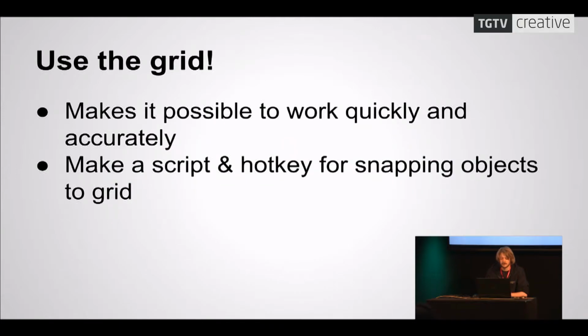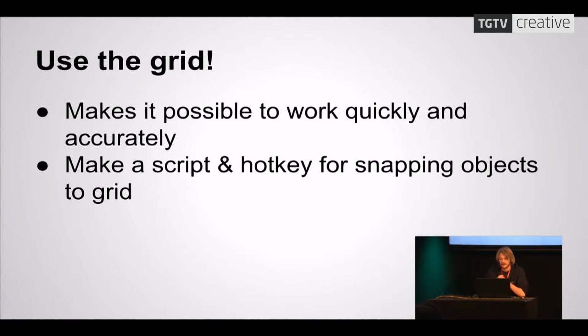So I'm just going to jump straight into it with a very basic thing, using the grid. If you're making a game and you're not using the grid, then you're doing something, I wouldn't necessarily say wrong, but it's dangerous, and you will get problems because of it.